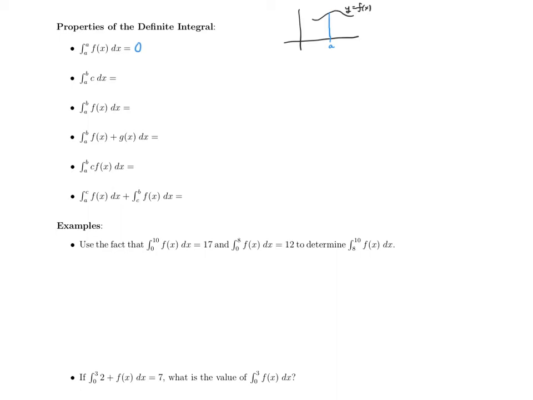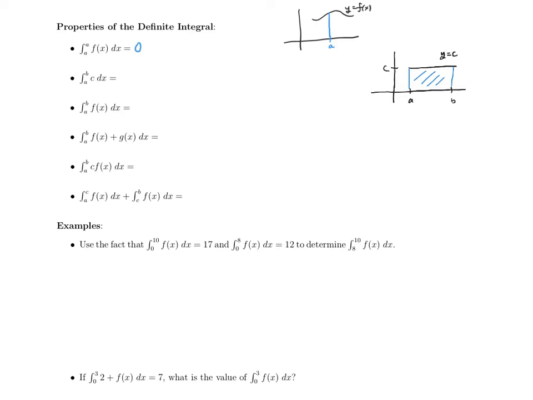From a similar geometric perspective, if we're asked about the definite integral of a constant, this is something that we can also picture quite nicely. Suppose c is a nice positive quantity. Between a and b, this is a graph of y equals c, and we are asking what is the area of this rectangular region?